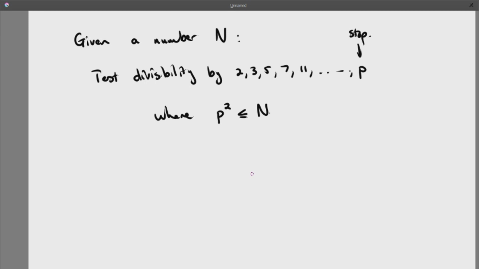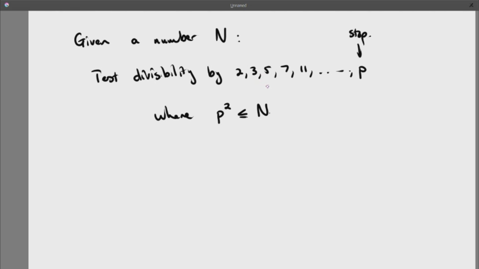I don't need to check 23, because the first thing that could possibly not be prime is 23 times 23, and that's way past my number. If it's not eliminated by looking at these smaller ones up to a point, there's no way it can be eliminated. So this is how we do it.